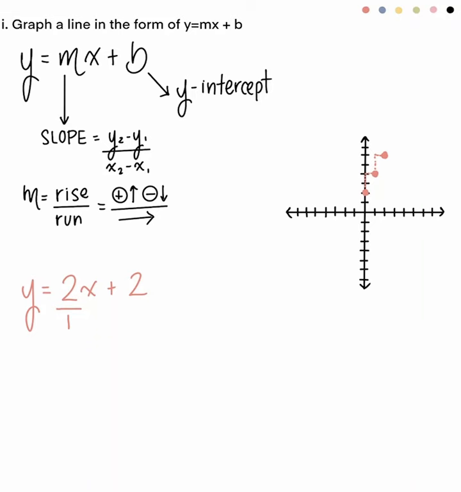Personally, what I like to do is reverse my rise and run so that I can continue to draw my line downwards. So instead of going up 2, I'm going to go down 2, and instead of going to the right one, I'll go to the left one. So down 2, left 1, and here I feel I have enough dots to draw my line. There we go.